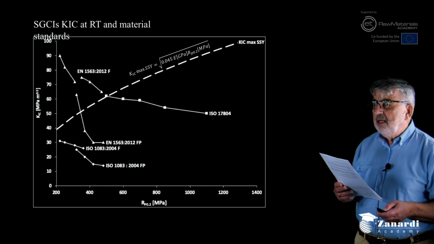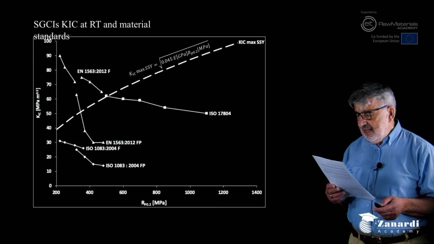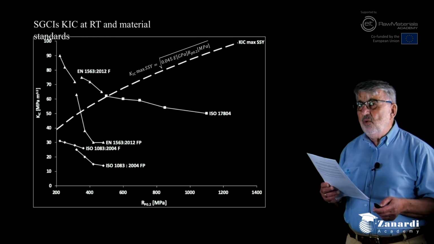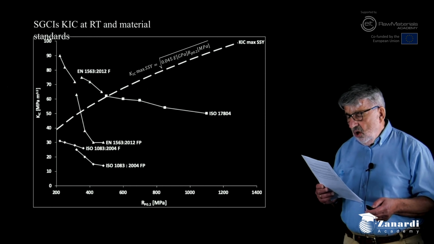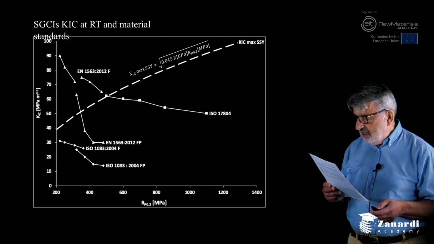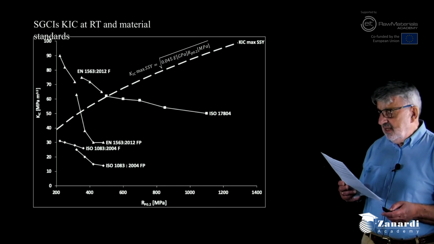In ISO 1083, valid ASTM E399 K1C were considered, also using low temperatures when the CT specimen was not sufficient to provide small-scale yielding.